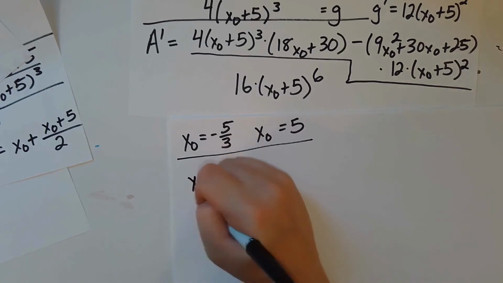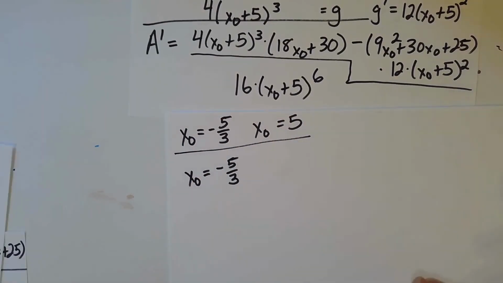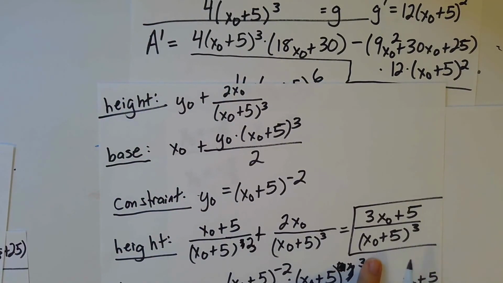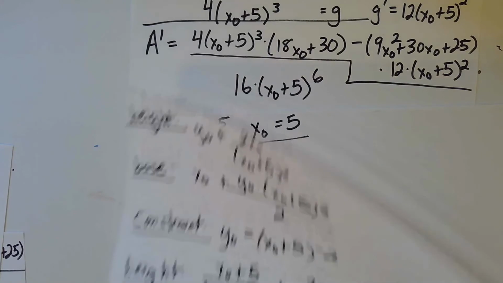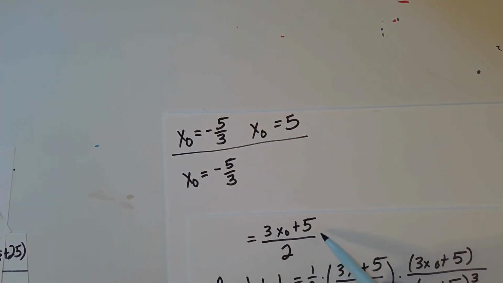Okay, so for x naught equals minus 5/3, this is not going to be too difficult to figure out, because if you look back to our formula for the height, you will see that that value, minus 5/3, makes the numerator of the height 0, which means it makes the height of the triangle 0. In fact, if you look here, this was our simplified formula for the base.